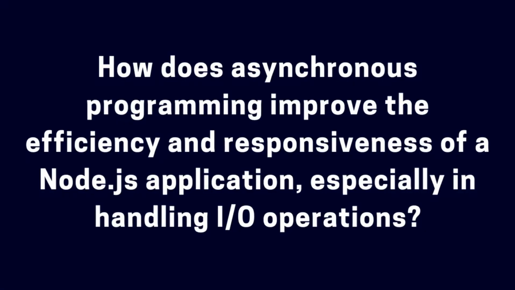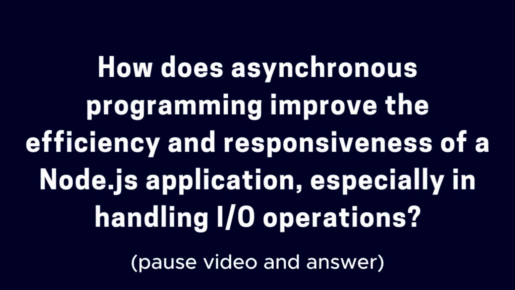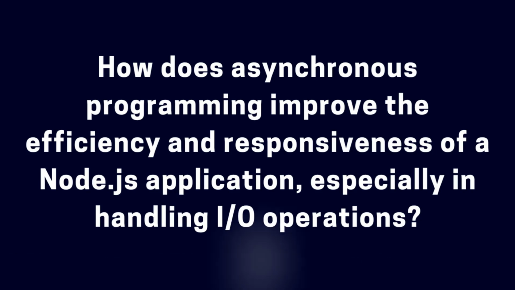How does asynchronous programming improve the efficiency and responsiveness of a Node.js application, especially in handling I/O operations? Asynchronous programming improves the efficiency and responsiveness of a Node.js application by allowing the program to continue executing other tasks while waiting for I/O operations, such as a database call or file access, to complete.